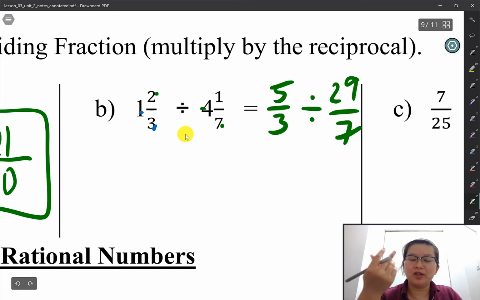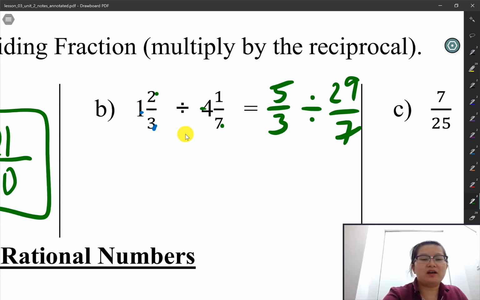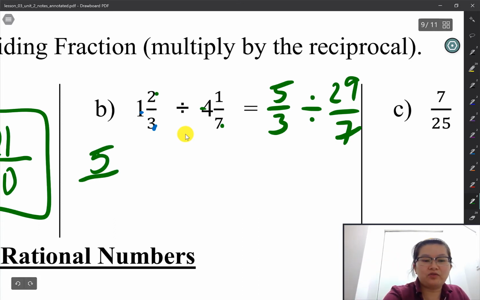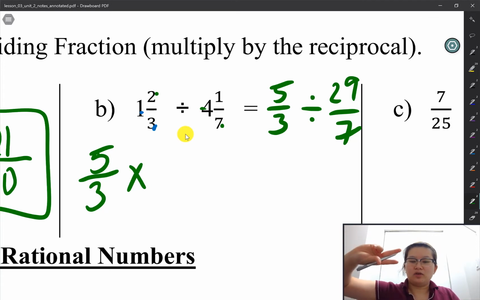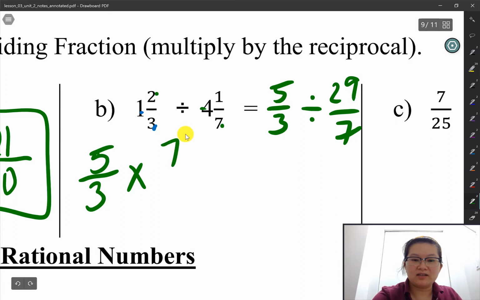Now I can flip my fraction around. Be careful though, I have a lot of students who flip both fractions. You're not flipping both fractions, you're only flipping the second one. 5 over 3 multiplied by the second fraction, flipping the numerator with the denominator, I get 7 over 29, and this becomes a multiplication sentence.